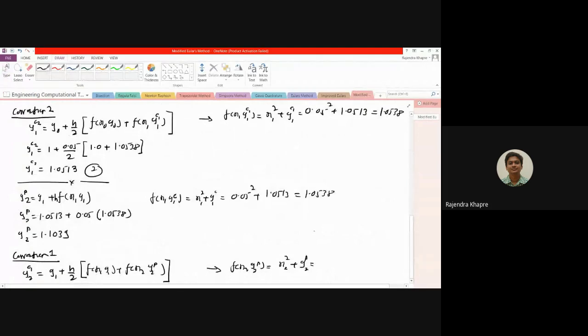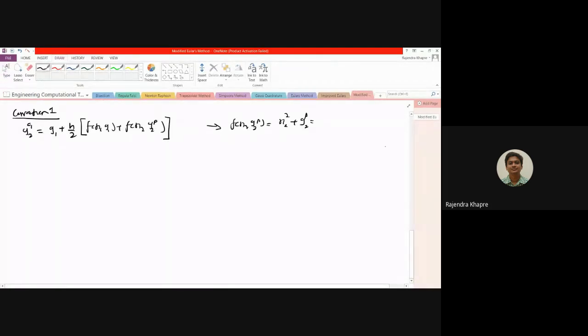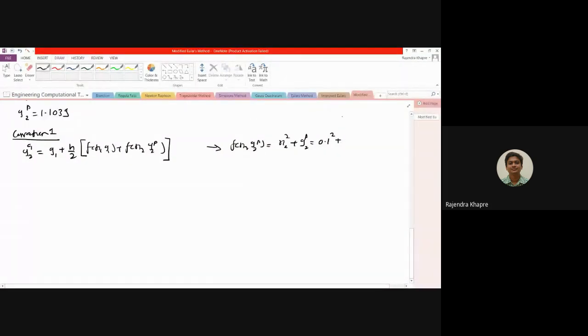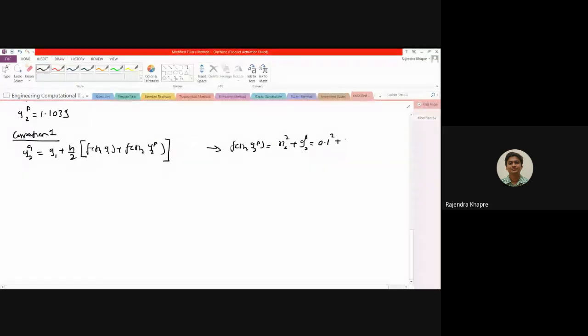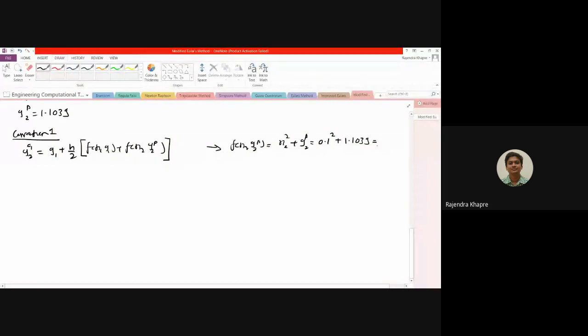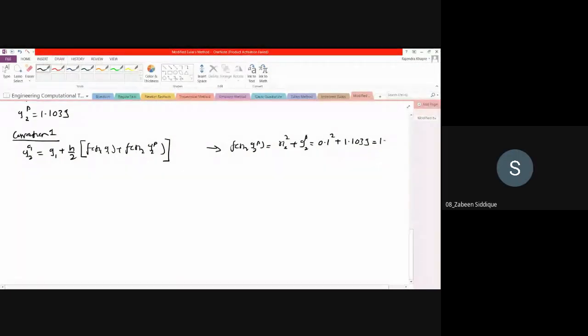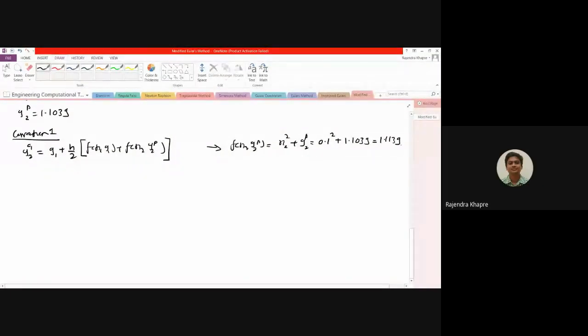So this value is 0.1 square plus the predicted value of y2, which is 1.1039. How much is this? 1.1139.